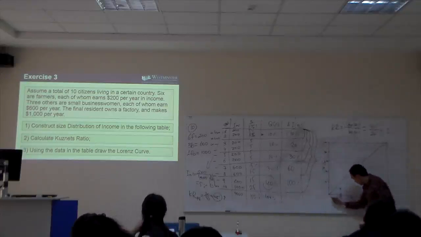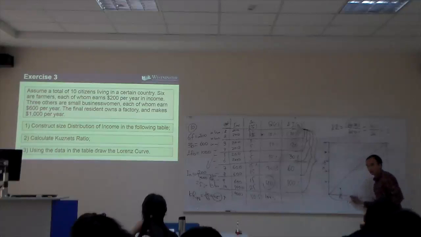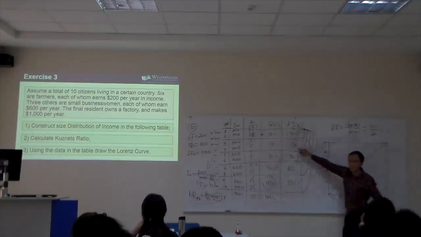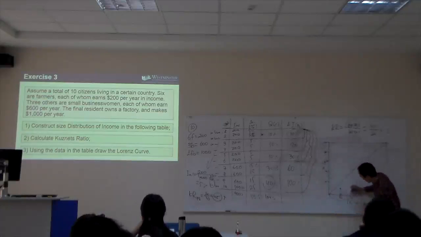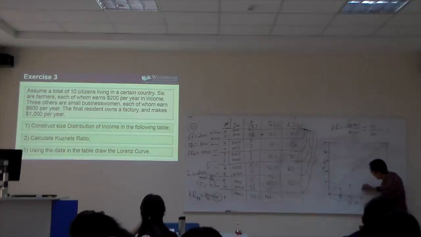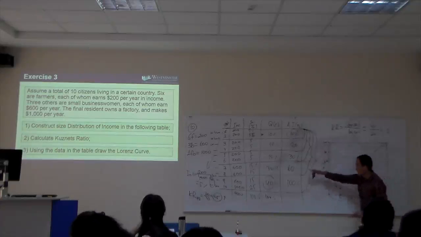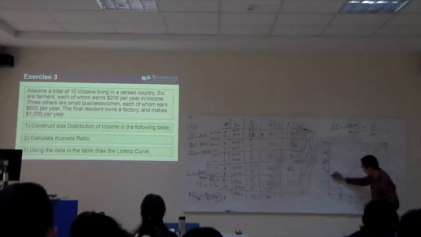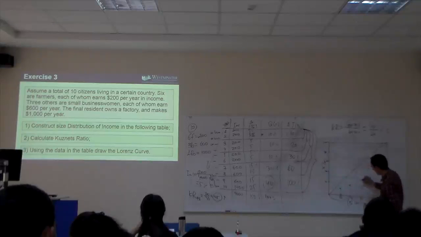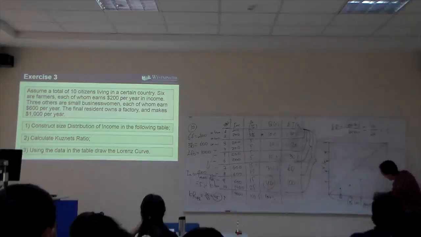What about 40% of population? 20. They are receiving 20%. What about 60%? 6 people are receiving 30, somewhere here. What about 80%? It's 60.